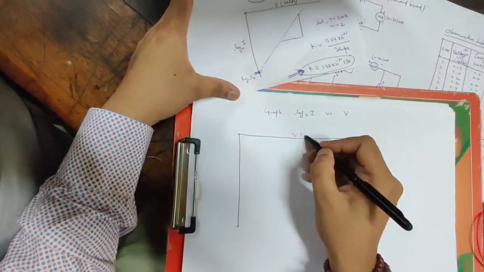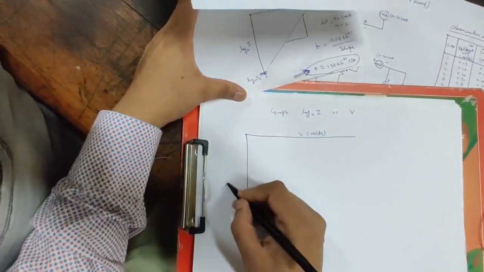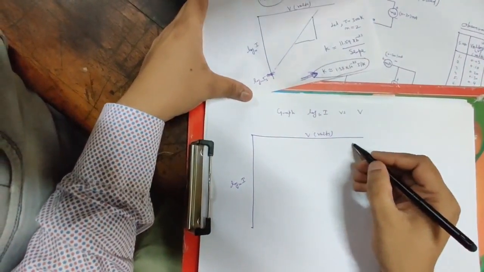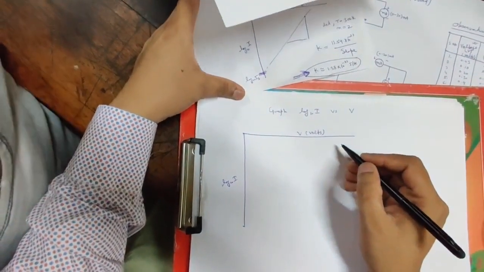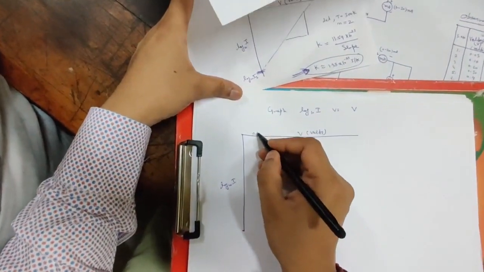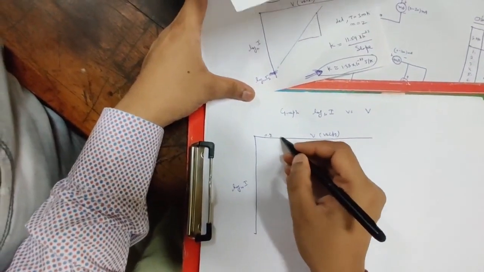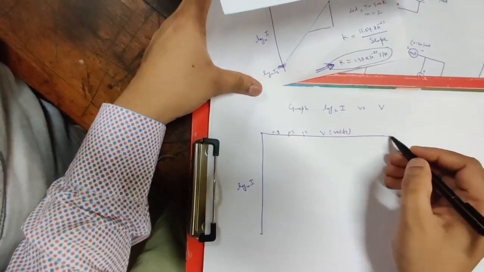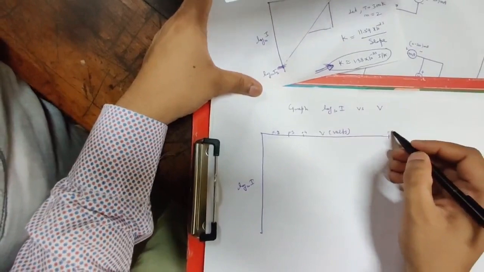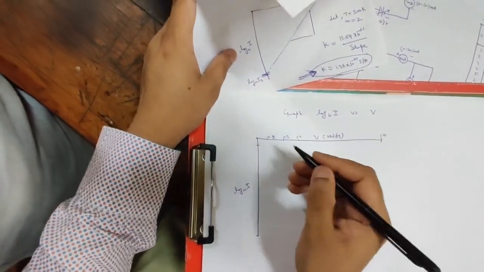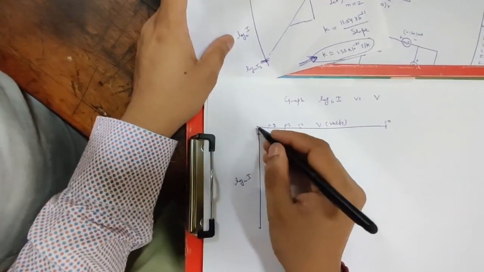This is the voltage in volts, and this is log base 10 I. You will see that we have taken many values, starting with 0.2, 0.3, and so on up to this point.